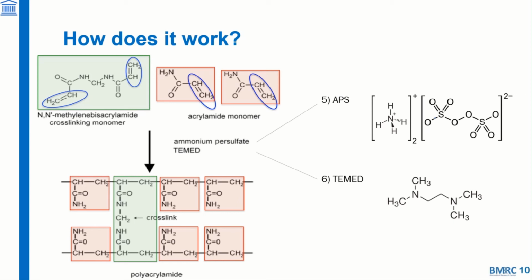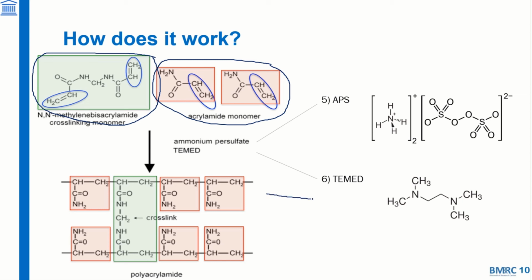Now, how does this work? Polyacrylamide gels are created by the polymerization of acrylamide monomers with the methylene bis-acrylamide cross-linker. These are the acrylamide monomers. They form a horizontal chain that is vertically linked by the methylene bis-acrylamide cross-linkers. Thereby, they form a perfect mesh.